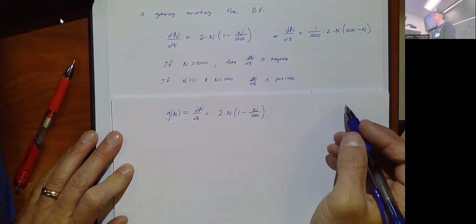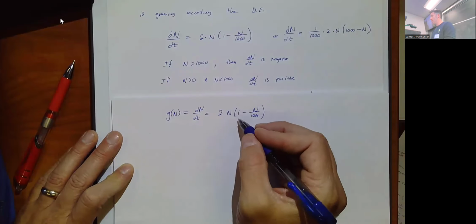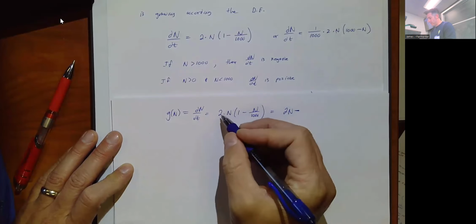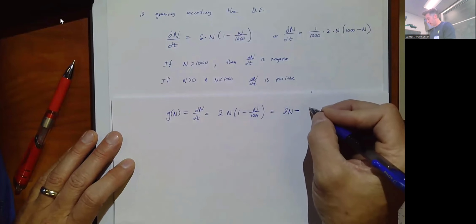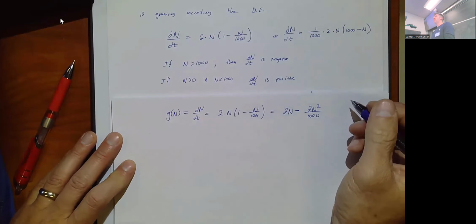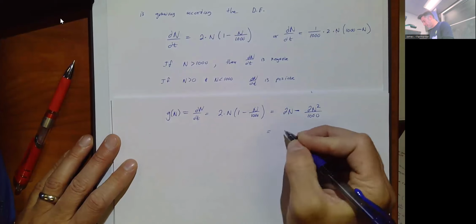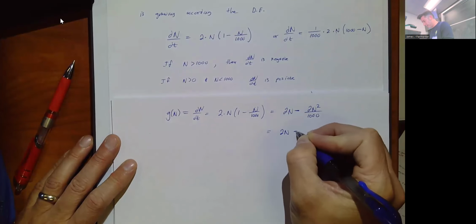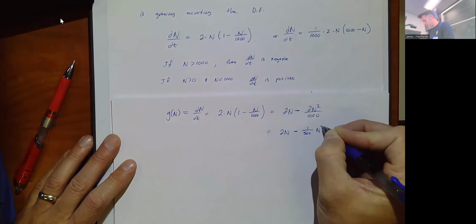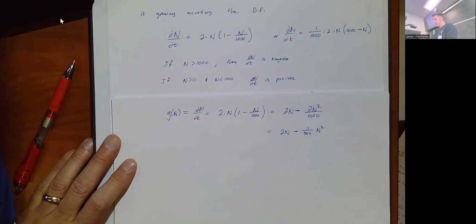Let's just multiply this out first. So if I distribute the 2n to both parts, I'm going to get 2n minus 2n times n, which is 2n squared over 1,000. If you really felt compelled to, you could simplify this as 2n minus 1 over 500 times n squared. I don't think you really need to do that, whatever.